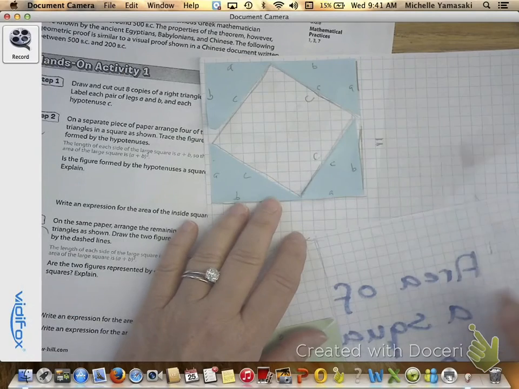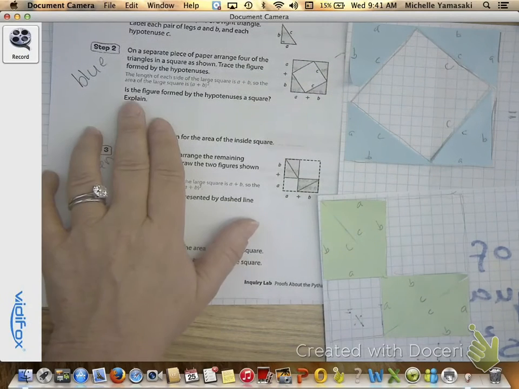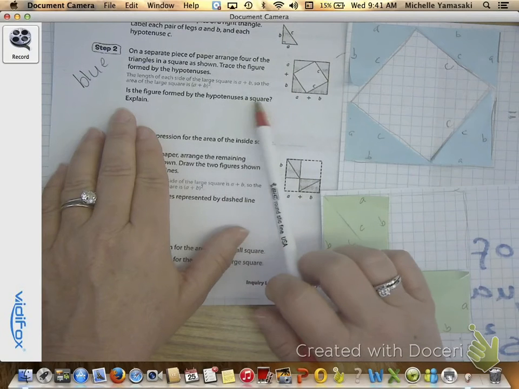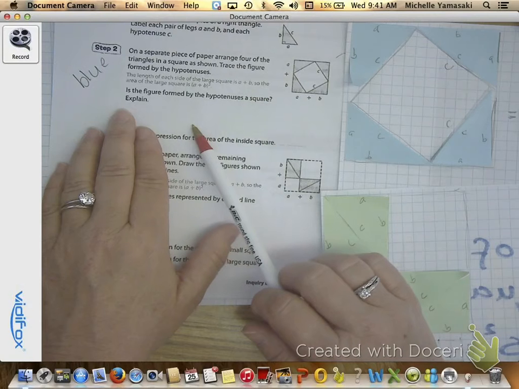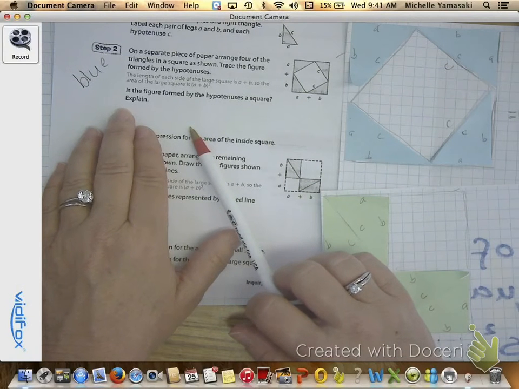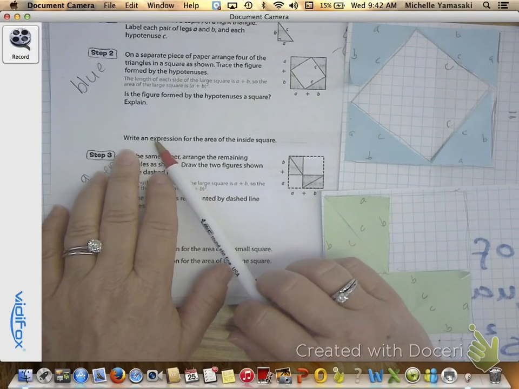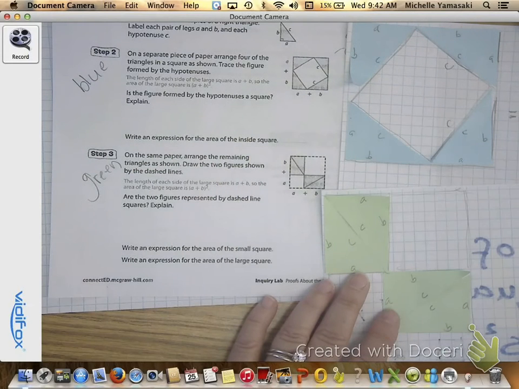And then notice the first question is: is the figure formed by the hypotenuse a square? If it is, state why. How do we know something's a square? We asked you that earlier. Now, the next question for the blue is write the expression for the area inside the square. You're going to write those out.